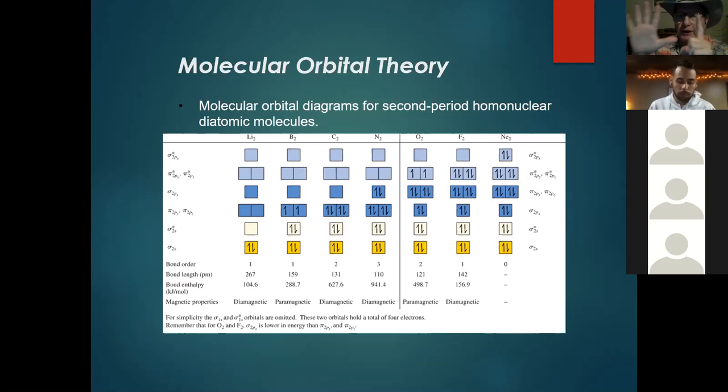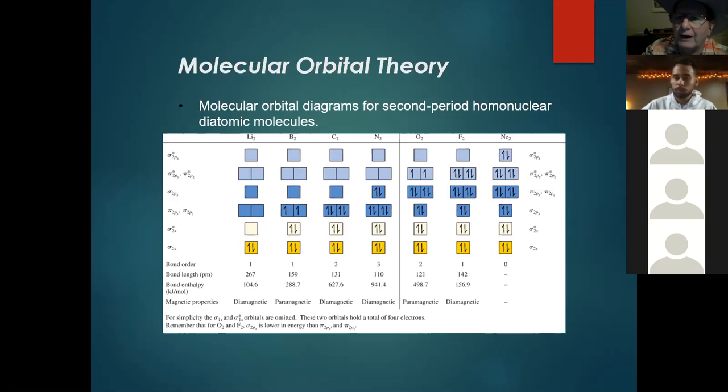So I have 6 electrons left. 2 go into the sigma 2s, 2 go into the sigma antibonding 2s. I have 2 more left. They go into the pi 2px and the pi 2pz.